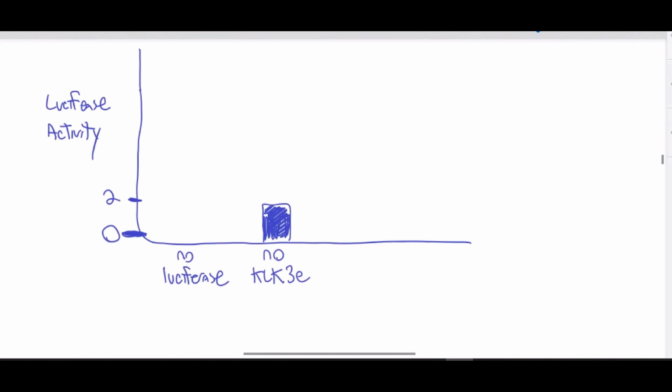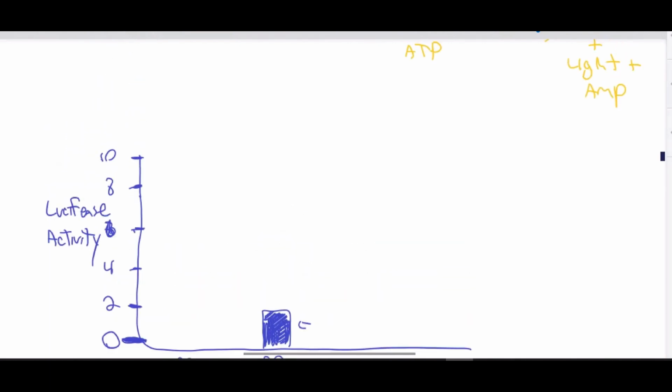And these levels here, these are all going to be relative. It might be a log 2 scale. That's not really important. What's important is the height of these bars here. So the taller the bars, the more luciferase activity we have.